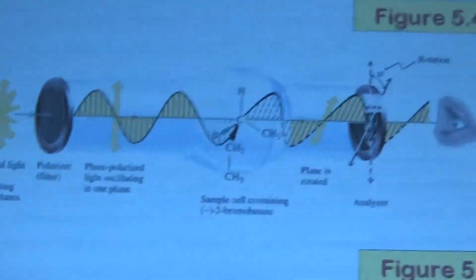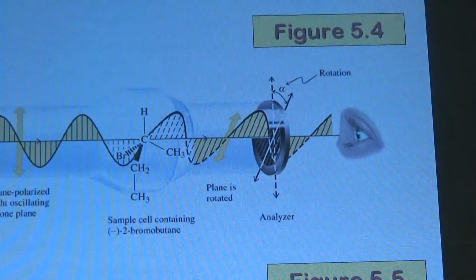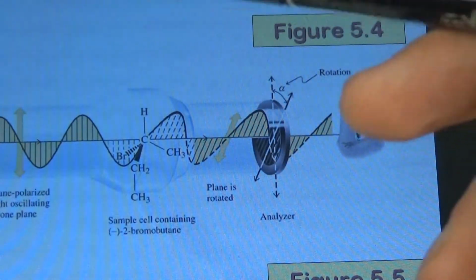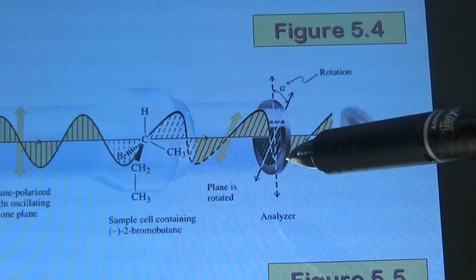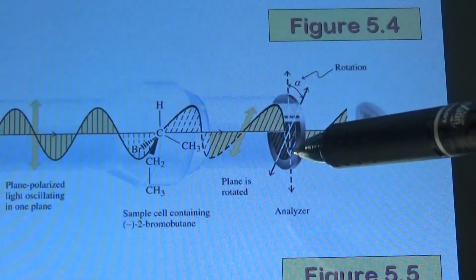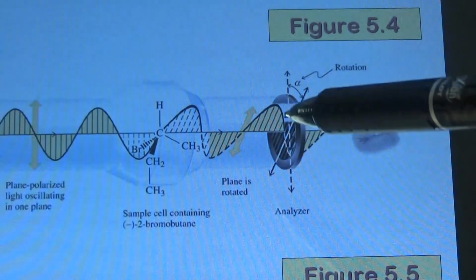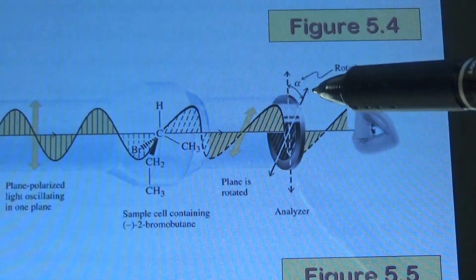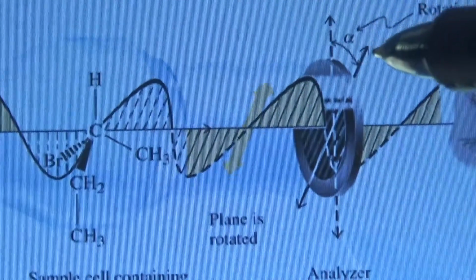Now we have a new angle, and all we do is we have a different analyzing filter that we can rotate with our hand. We just rotate it and find where the light is coming out, and that gives us an angle. It's called alpha.